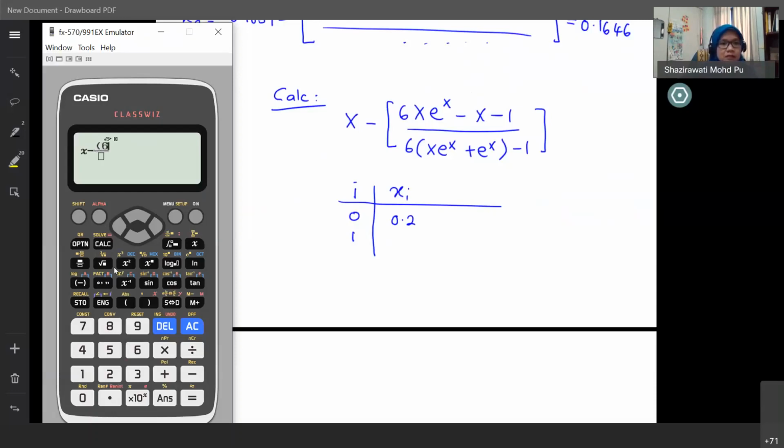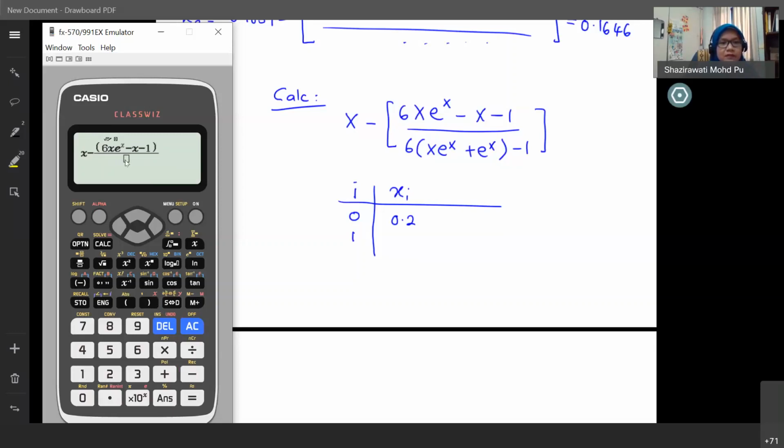So 6 times x times exponent. Exponent is shift ln, and then exponent of x again, so alpha x minus x, so alpha x minus 1, close the bracket.